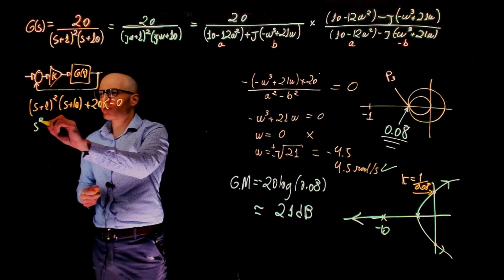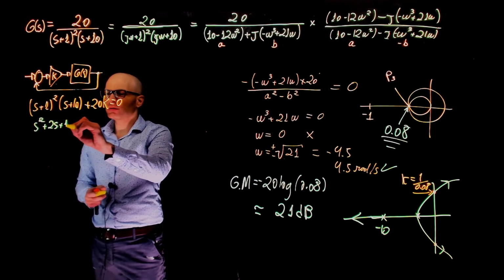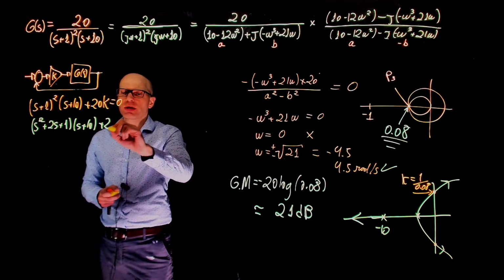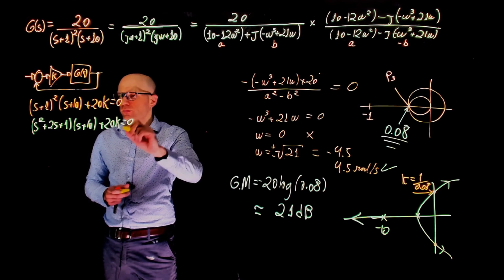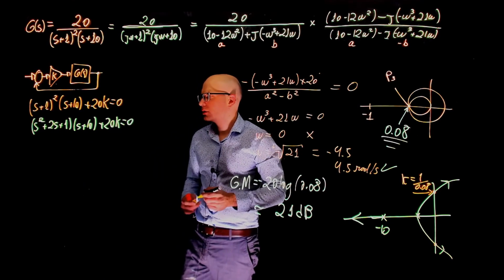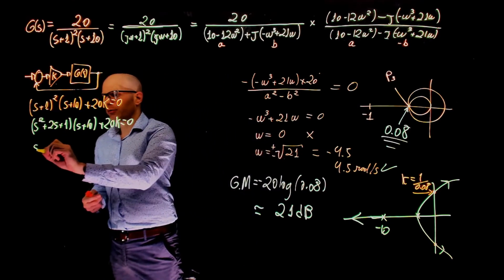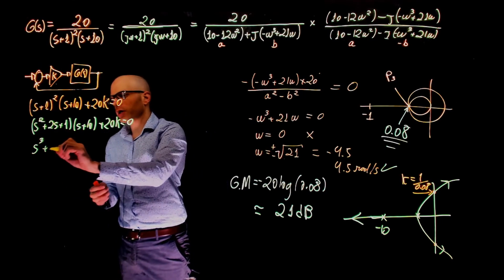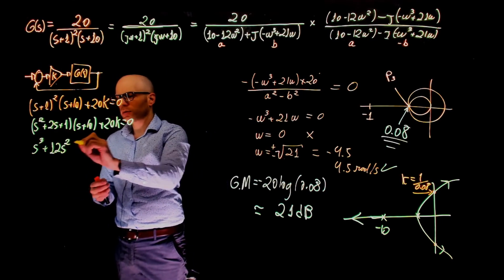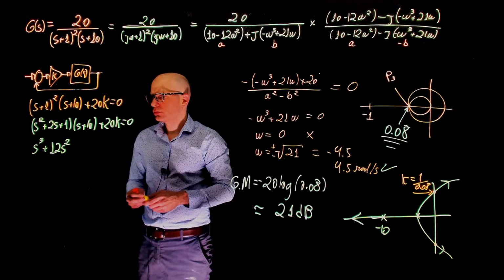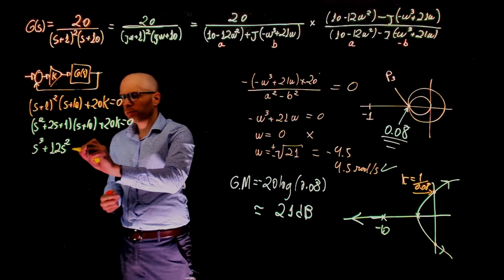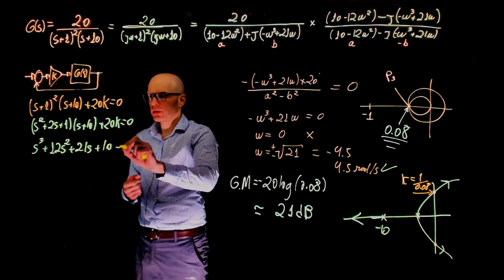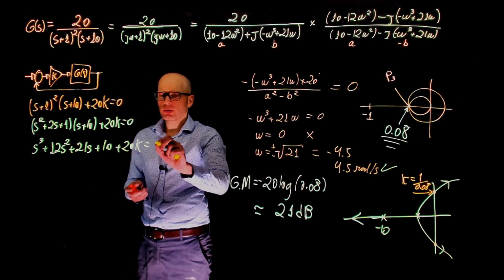This is (s squared plus 2s plus 1) times (s plus 10) plus 20k. If you now expand this, we get s to the power of 3 plus 12s squared plus 21s plus 10 plus 20k equals 0.